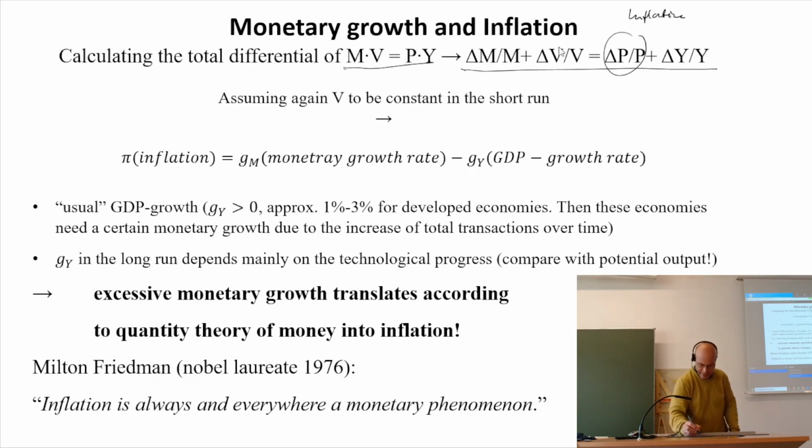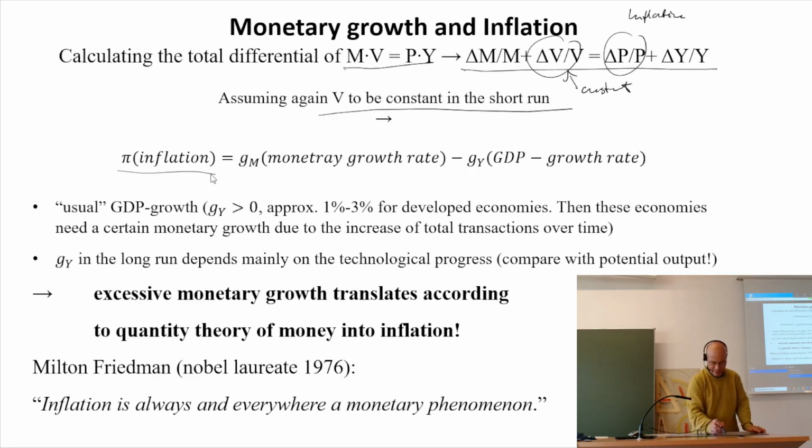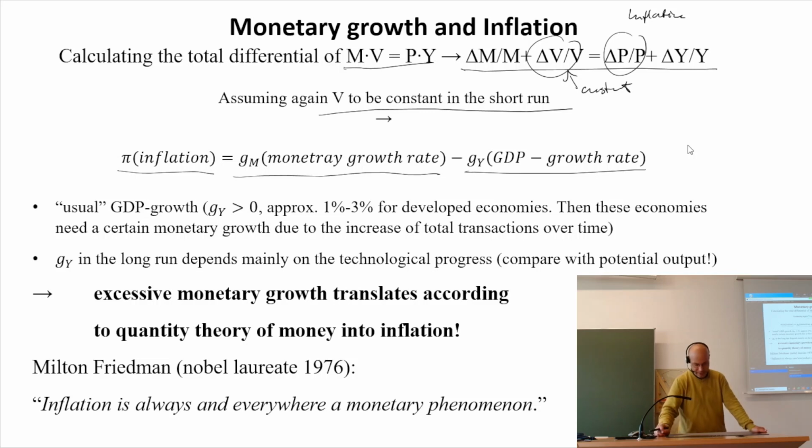And if we say that this is more or less constant, then we have the dependence that inflation is roughly the growth rate of money minus the GDP growth rate.